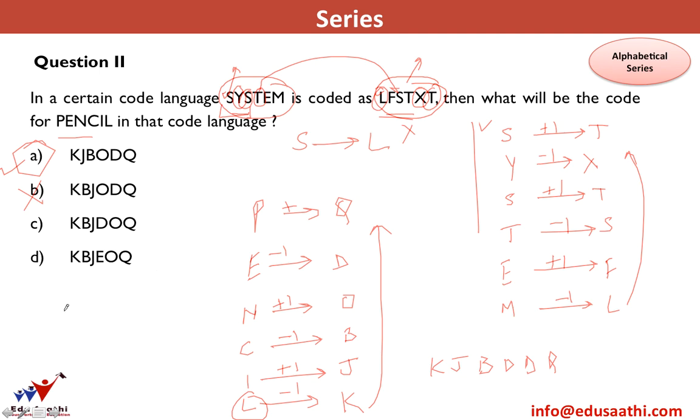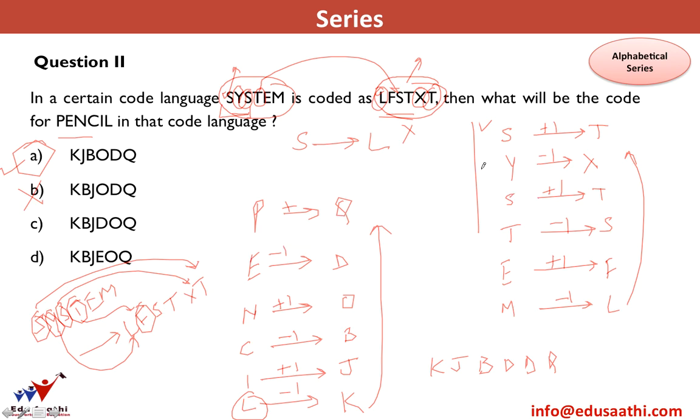Now it is equally likely that when a system is coded as, let's say this one only, L, F, S, T, X, T, this S corresponds to this T, and this Y corresponds to this L, and then again this S corresponds to this X and this T corresponds to this F. The only point is that you need to find a logic.